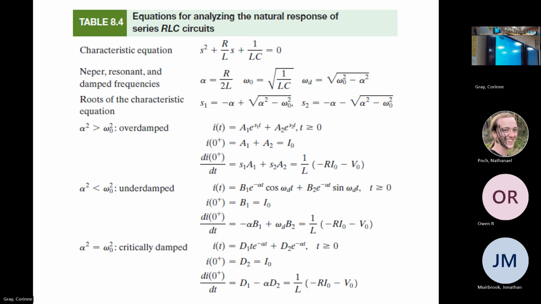So again, what you're going to need to do is calculate both of your frequencies and figure out what type of solution you should be using. If you calculate the two of them and tell me what type of circuit you have, that is going to be 5 points.